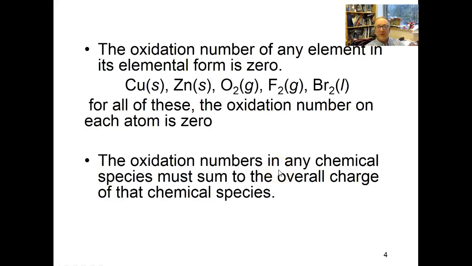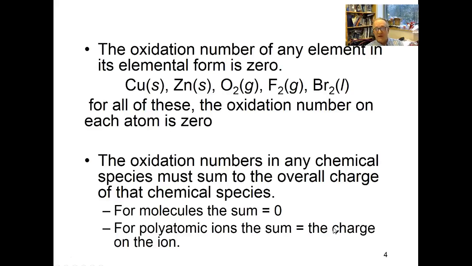Another rule: the oxidation numbers in any chemical species must add up to the overall charge of that chemical species. So in a neutral molecule, the sum of the oxidation numbers has to add up to 0 since it's neutral. If you're looking at a polyatomic ion, the sum of the oxidation numbers has to equal the charge on the ion.